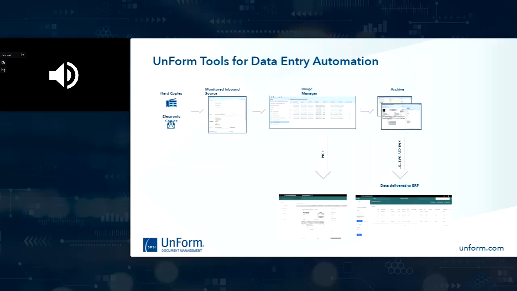And then again, Image Manager is what we use for our data entry automation piece. So monitored inbound sources pick up documents based on the source's configuration. We know what to do with those documents. It comes through Image Manager, Image Manager identifies the sender and then extracts the data appropriately. Push the document into the archive, and then we can deliver that data again based on whatever the particular target ERP is.